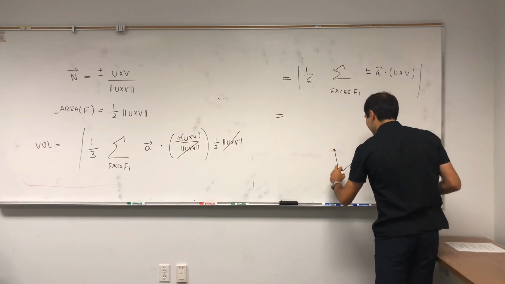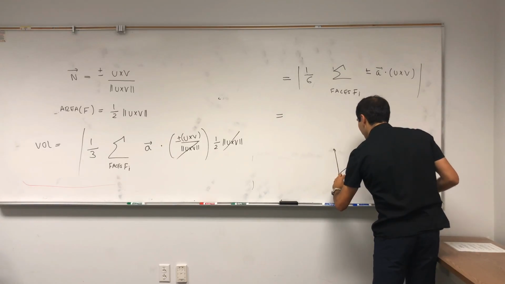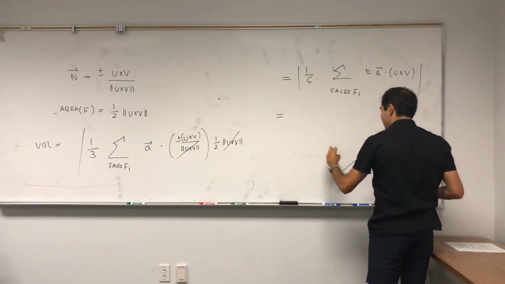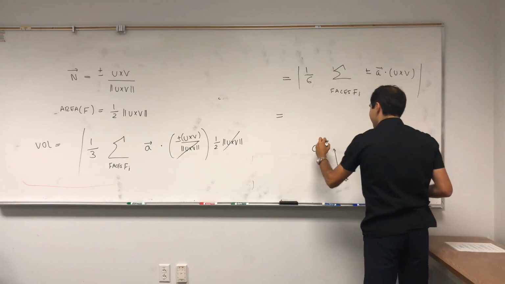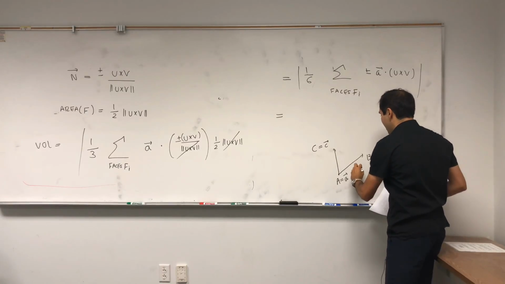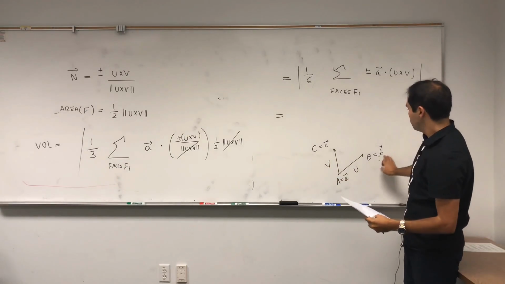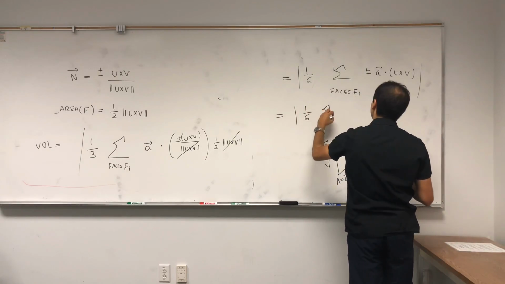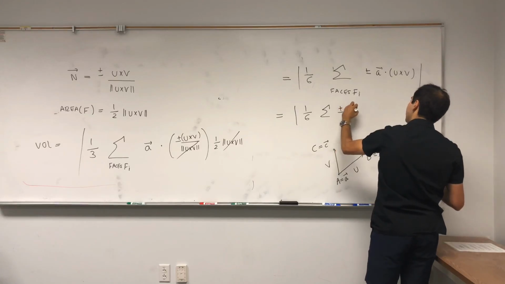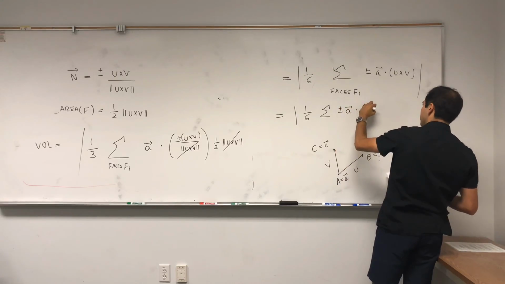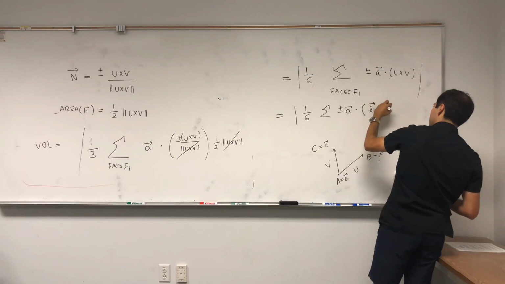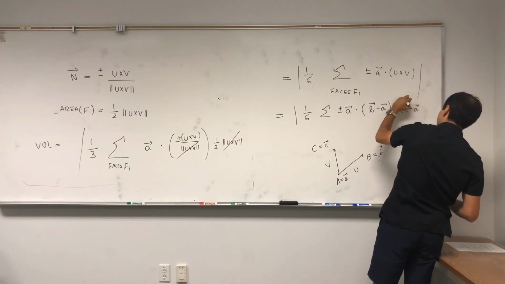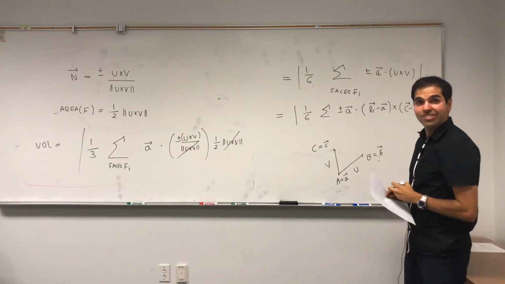We have A, which is represented by the vector A, B, which is represented by the vector B, C, which is represented by a vector C, and then what is u? It's just B minus A. So it's 1/6 times the sum of the faces plus or minus A dotted with u, which is B minus A, cross C minus A. And there's a reason I'm doing that.